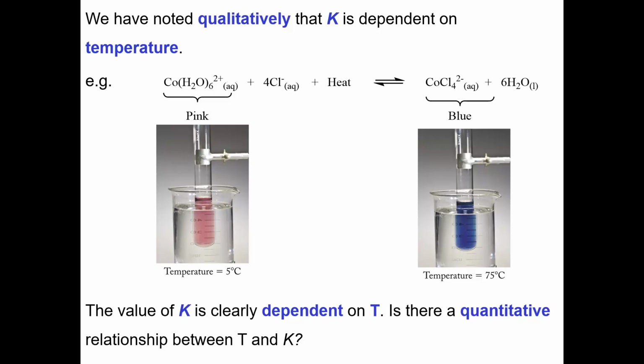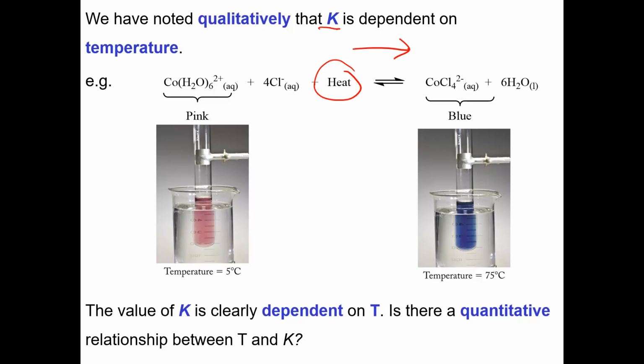Okay, so we had previously noted that K is dependent on temperature. If we have an endothermic reaction and we raise the temperature, the system will shift towards the right.